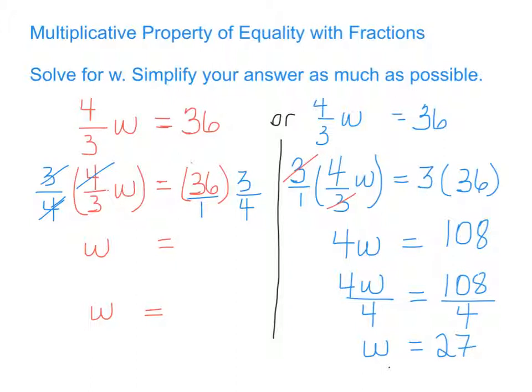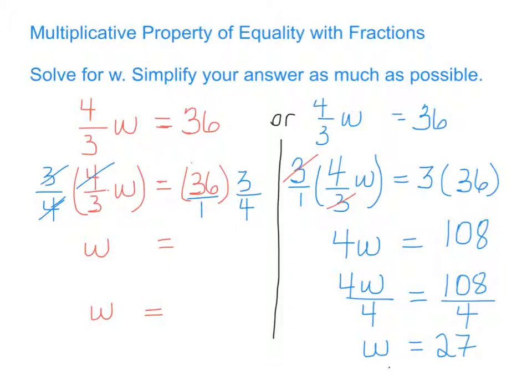Here you can multiply both sides of the equation by the reciprocal. The reciprocal of 4/3 is 3/4. So multiply both sides of the equation by 3/4. What happens is the 4's will cancel and the 3's will cancel, and you'll be left with w on the left side.